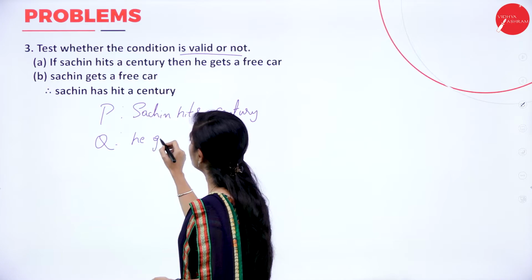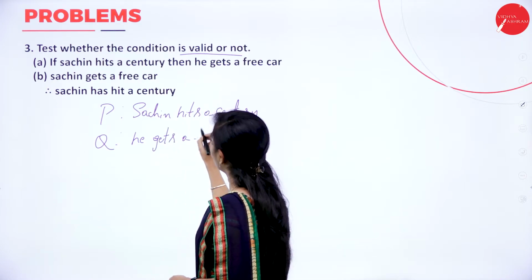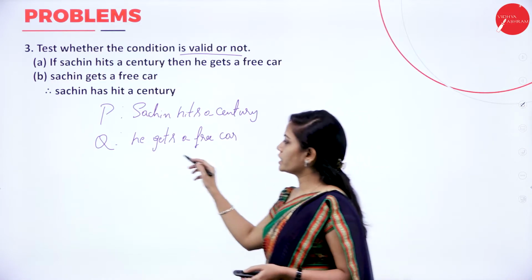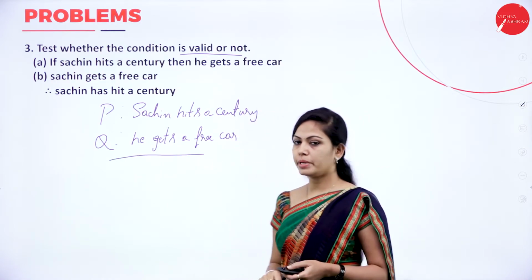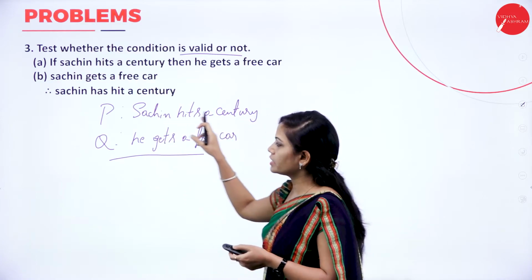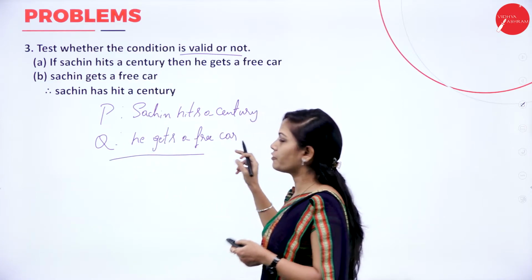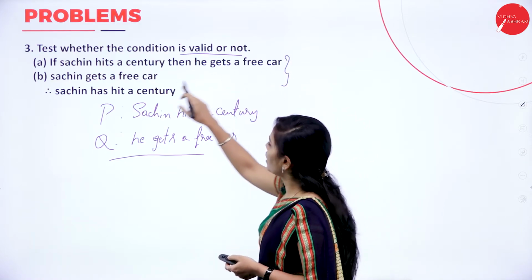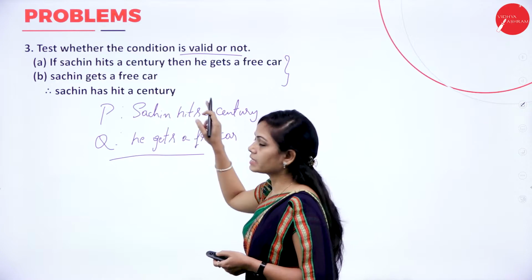So we have P and Q statements. Sachin hits a century is P. Q means he gets a free car. These two are called the premises and this is called the conclusion.